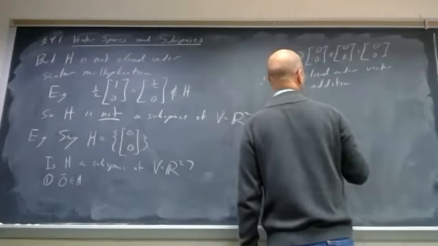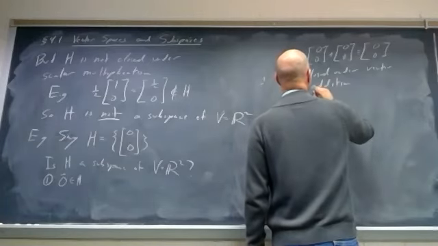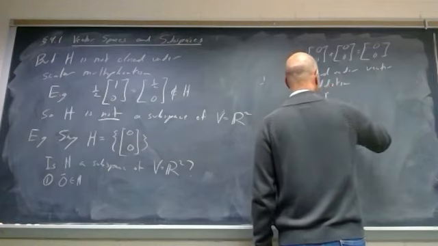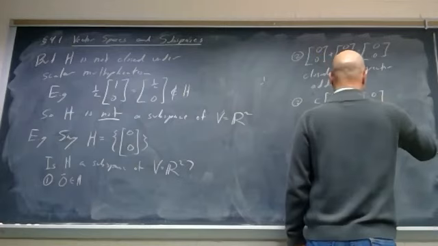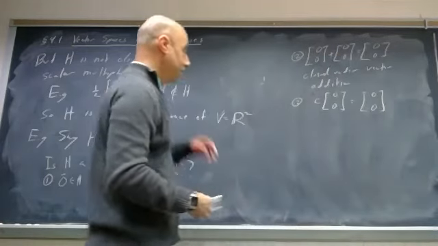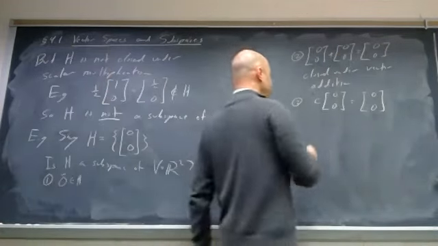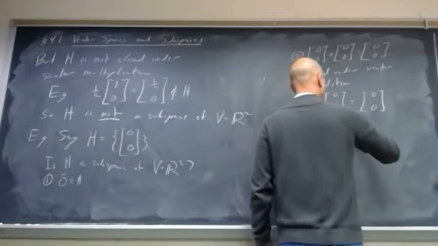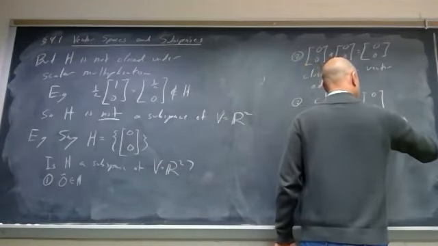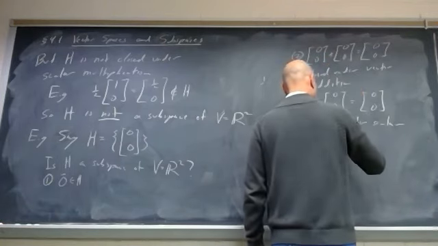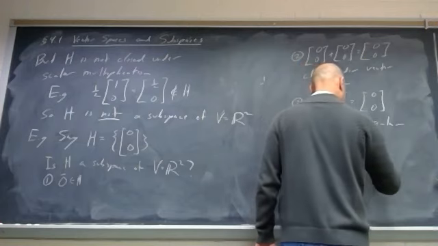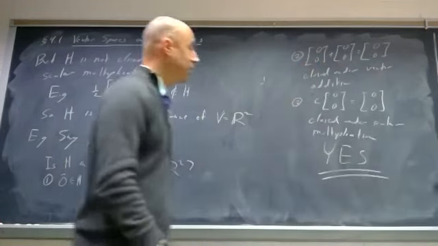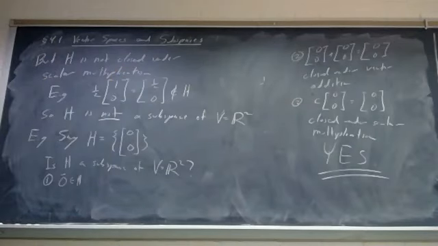And c times the zero vector is just the zero vector. C times 0, C times 0. So it's closed under scalar multiplication. So the answer is a resounding yes. Finally, we got one. It's not a very big one.